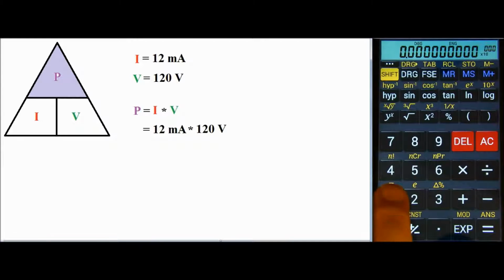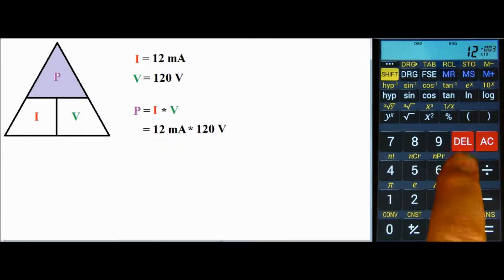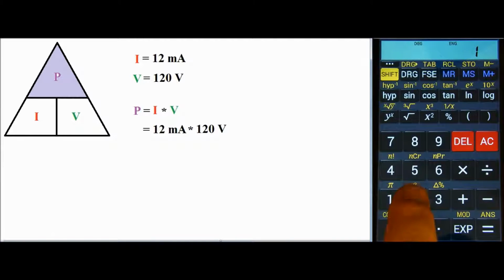So 12, and it's milli, so it's exponent -3, times 120. And that gives us an answer of 1.44 watts.